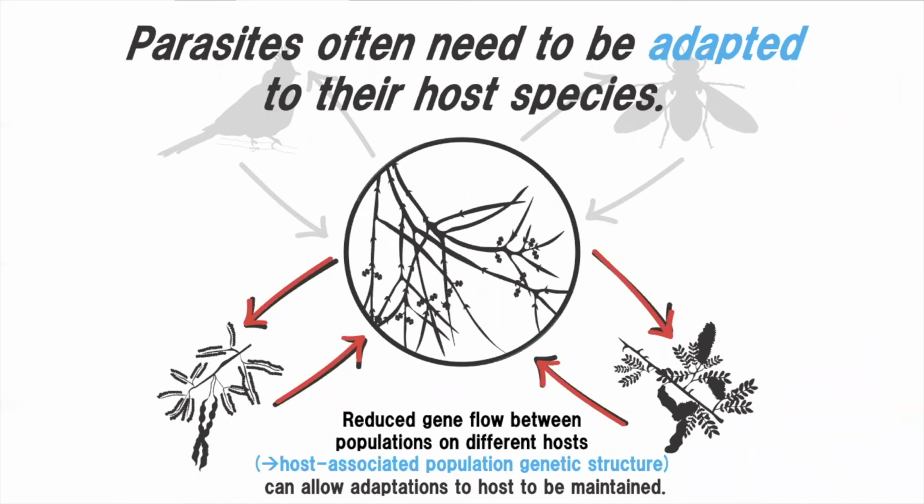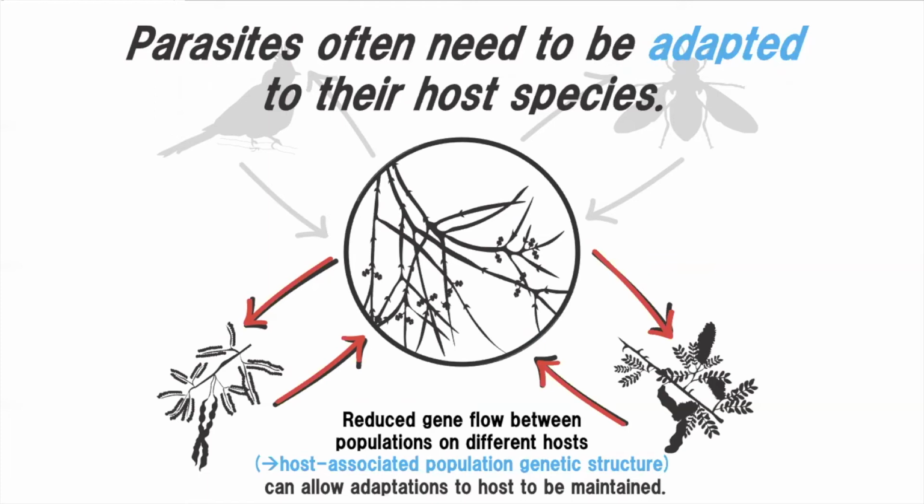We often think of parasites as needing to be adapted to their host species because they spend their entire lives on them. They're completely dependent upon them. In this case, mistletoe cannot establish without a host individual.